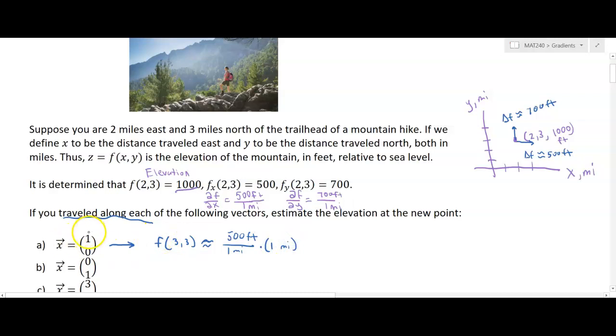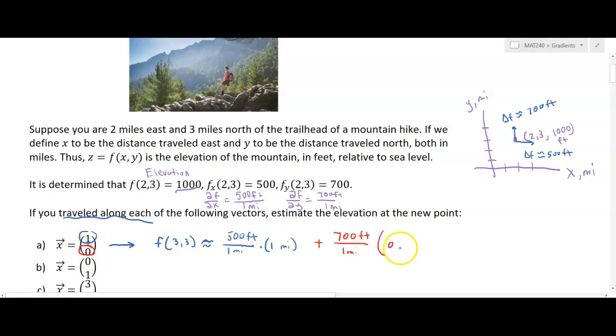That's this value here. Now we repeat the process and add the displacement we would expect by going north, 700 feet for every 1 mile, multiplied by how many miles we go north, which is actually 0 in this case.